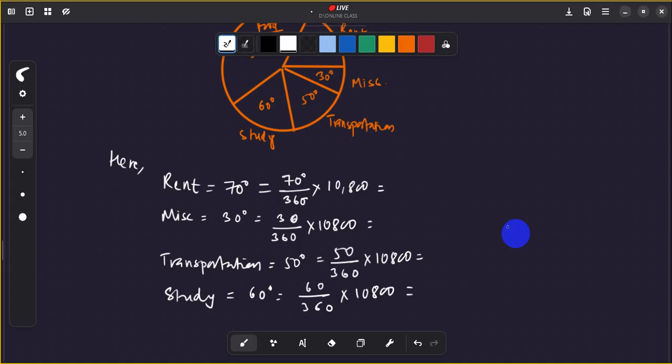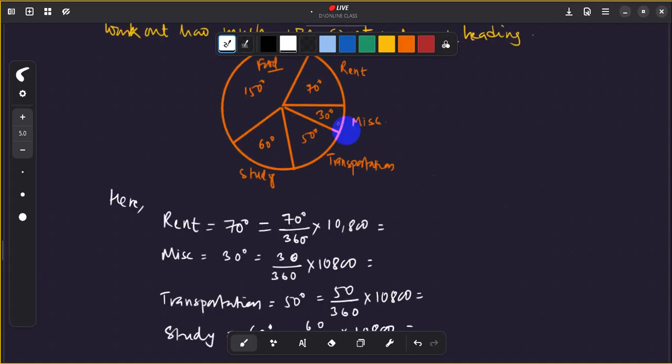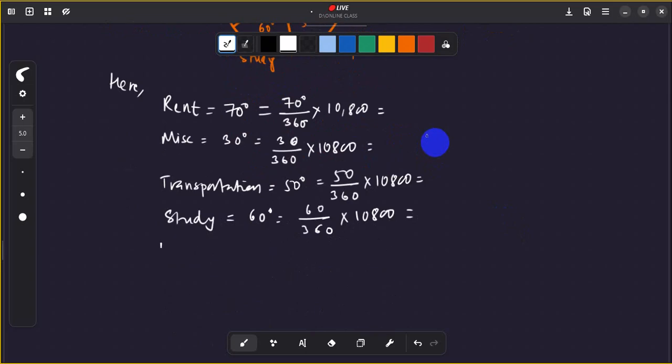Now how much will come? Now lastly there is food. Food is 150 degrees. It's 150 over 360 into 10,800. Okay. Can you find the values now? Yes, sir.